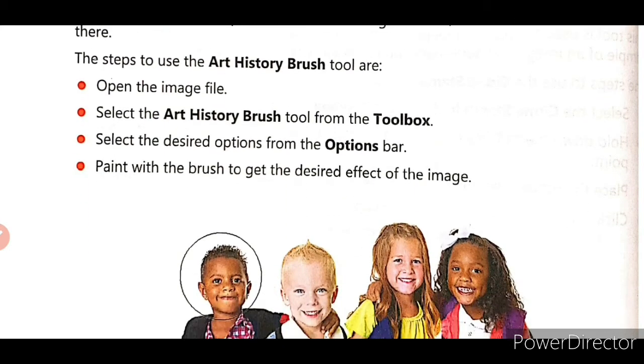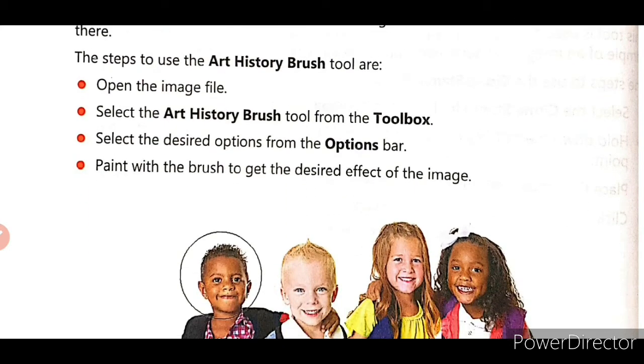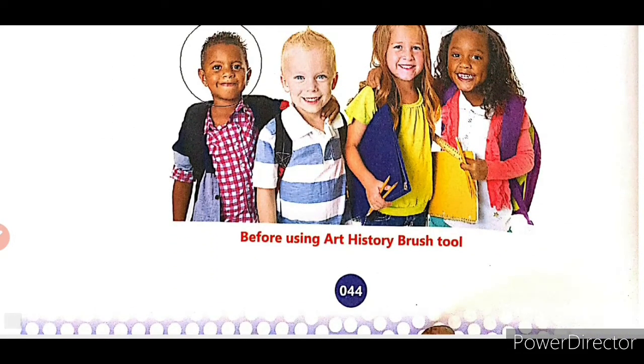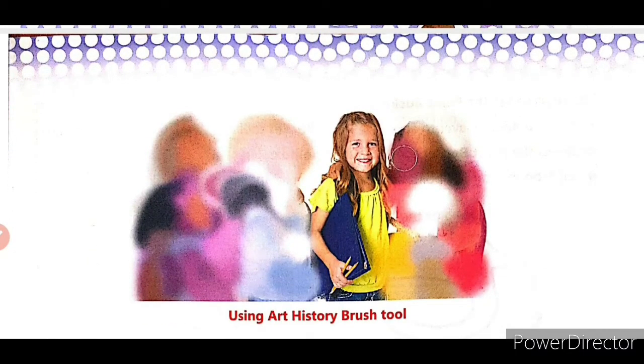Let's see the steps children. Open the image file, select the art history brush tool from the toolbox, select the desired options from the options bar, paint with a brush to get the desired effect of the image. See, before using the art history brush tool, see this picture, it reveals after using the art history brush tool.